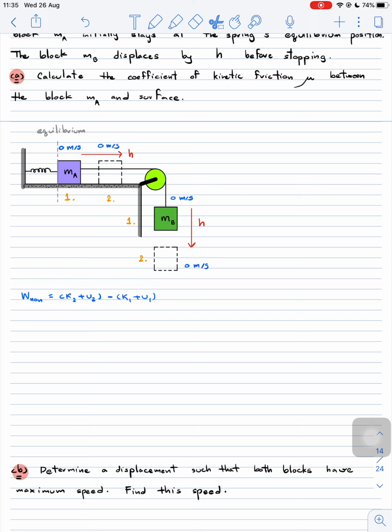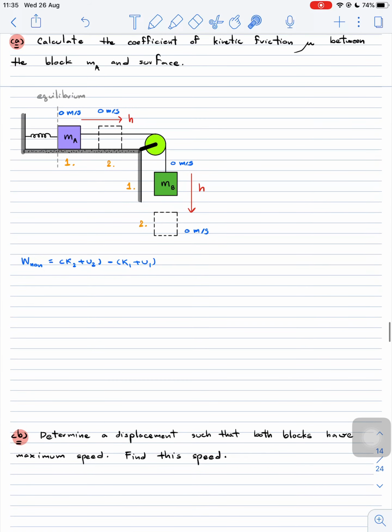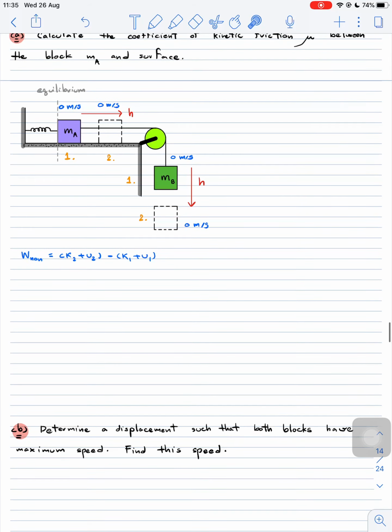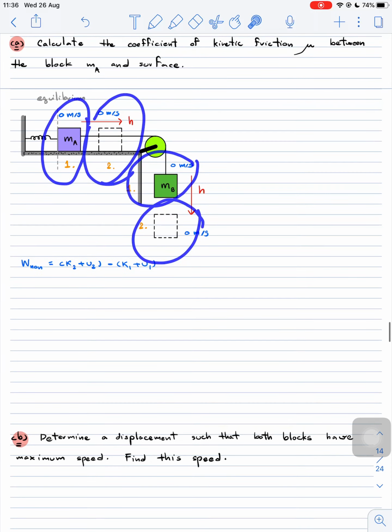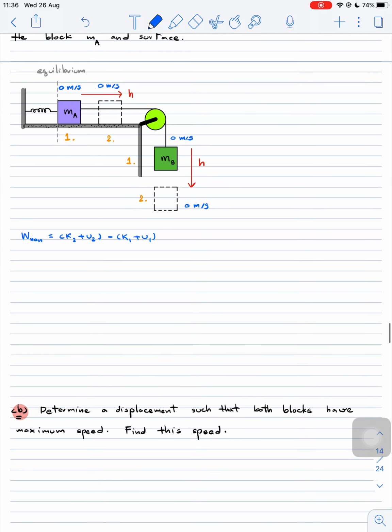So now we just want to find all these variables, sub them in and solve the equation. One thing: at the initial and the final position, the speed of the two blocks equals 0. So in this case, K1 must be equal to K2, which is equal to 0.